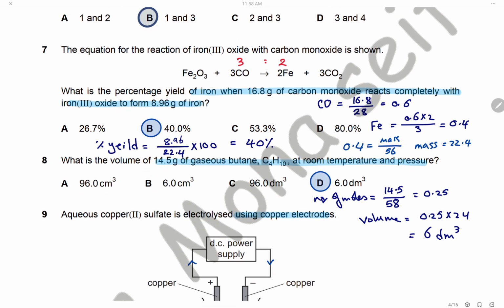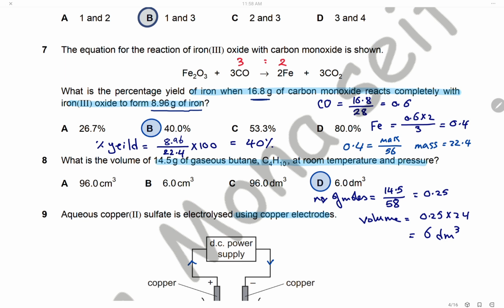Question 7. The equation for the reaction of iron(III) oxide with carbon monoxide is shown. What is the percentage yield of iron when 16.8 grams of carbon monoxide react completely to form 8.69 grams of iron? So first we have 16.8 grams of carbon monoxide reacting completely with iron(III) oxide.